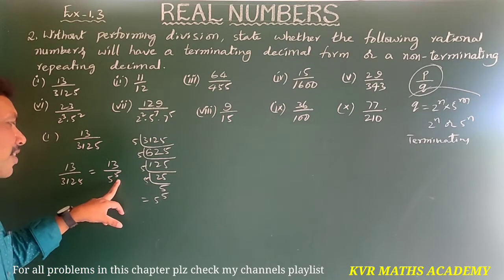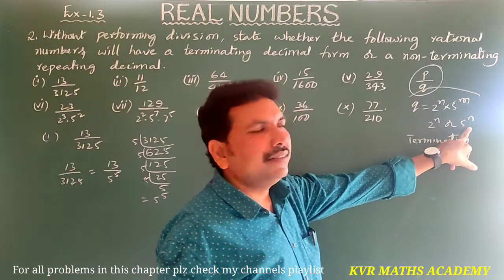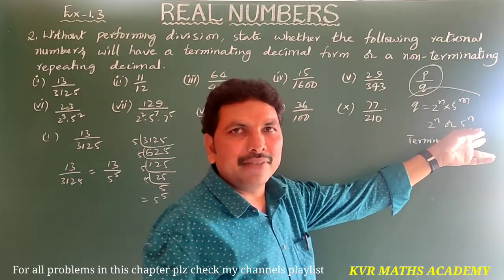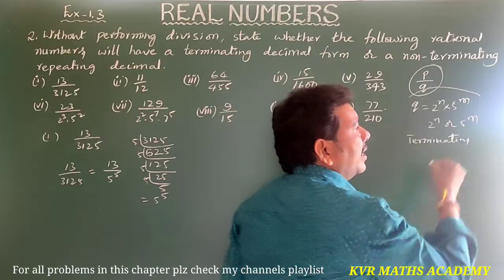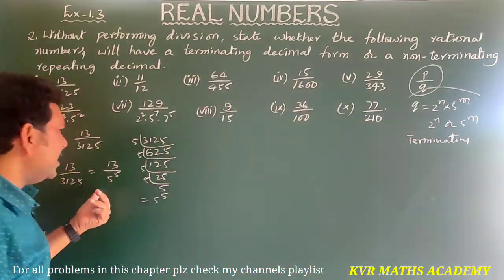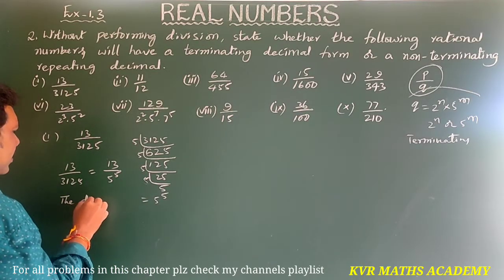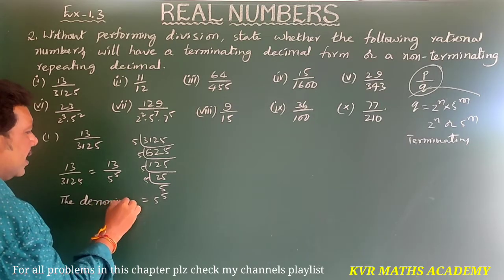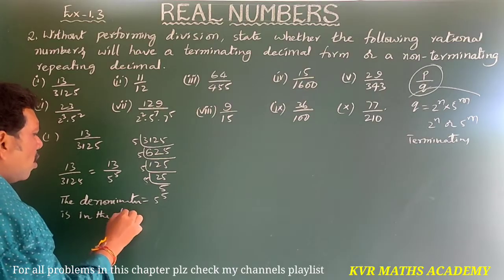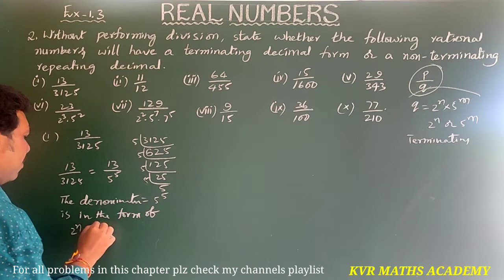So 5 power 5 means here 5 power n, or 5 power m also we may write. In the form of 5 power m only. So that's why it is a terminating decimal. The denominator is in the form of 2 power n into 5 power m.